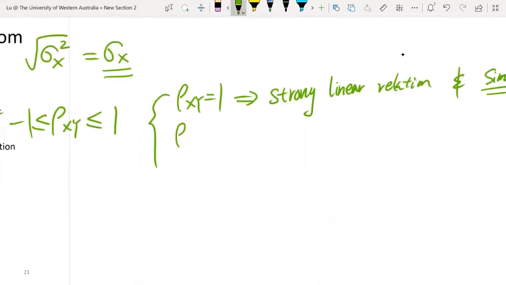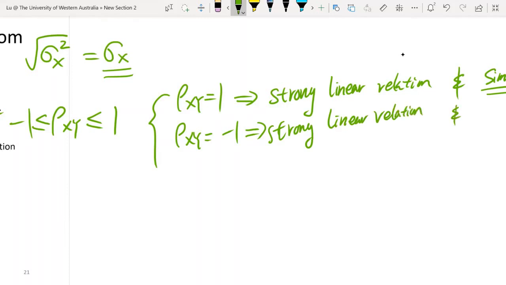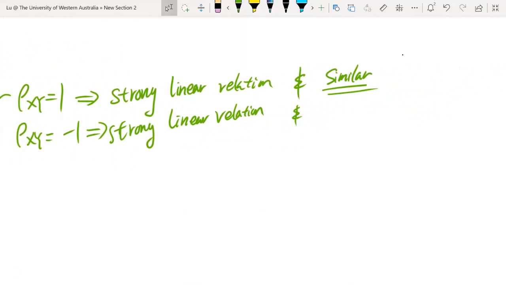If the rho xy equal to -1, that is also the strongest linear relationship. And in this case, because you got negative value of the correlation coefficient, the behavior of the x and y are opposite between each other.